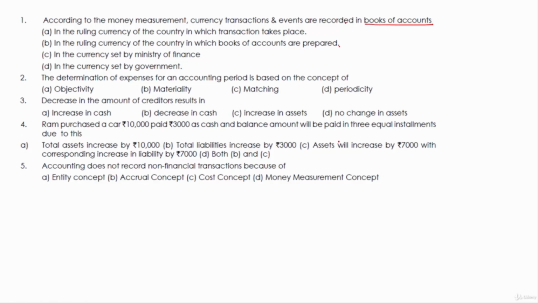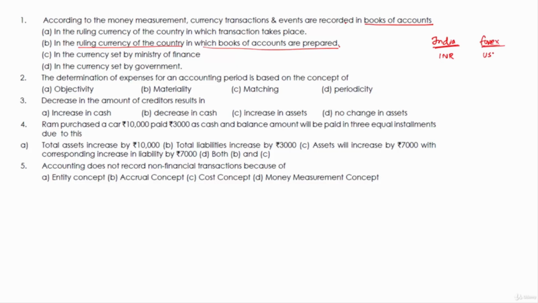Whenever a company prepares its books of accounts, those transactions should be recorded in the ruling currency of the country in which those books of accounts are prepared. Let's say a company in India. For India, the ruling currency is INR, Indian rupees. This company in India may have various foreign transactions, various forex transactions also.